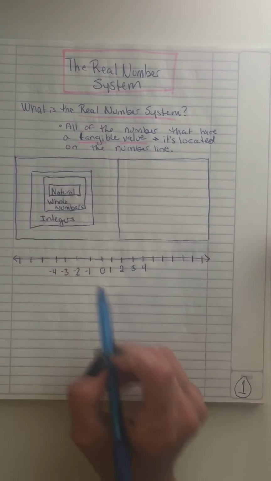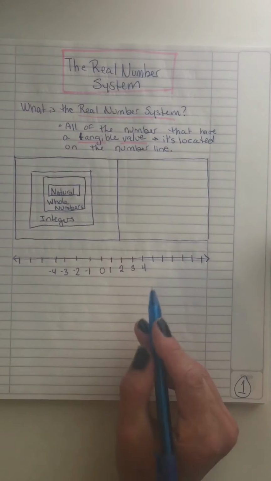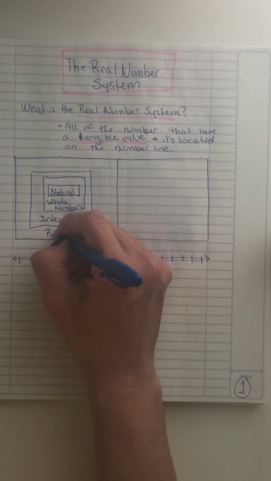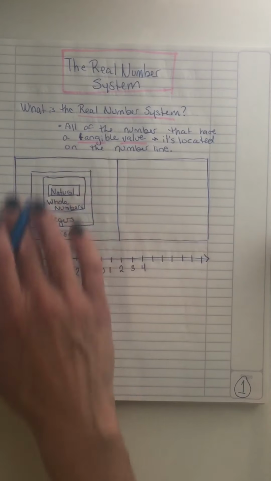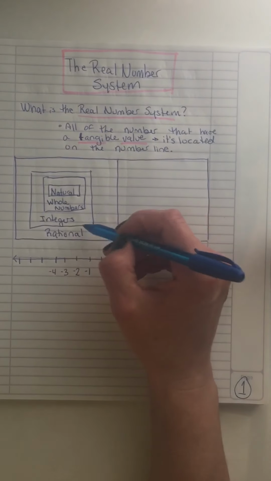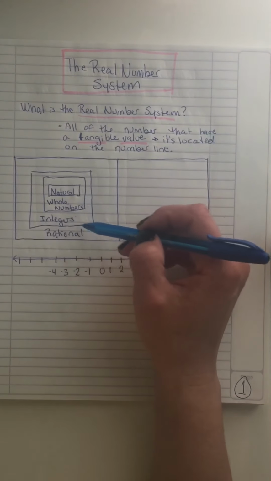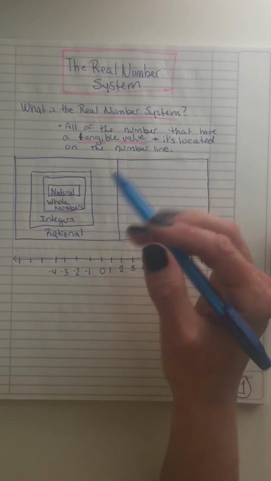Okay? All of these are rational numbers. So rational numbers, everything on this side of our number system, can be a natural number, a whole number, an integer, or what we just call a generic rational number.